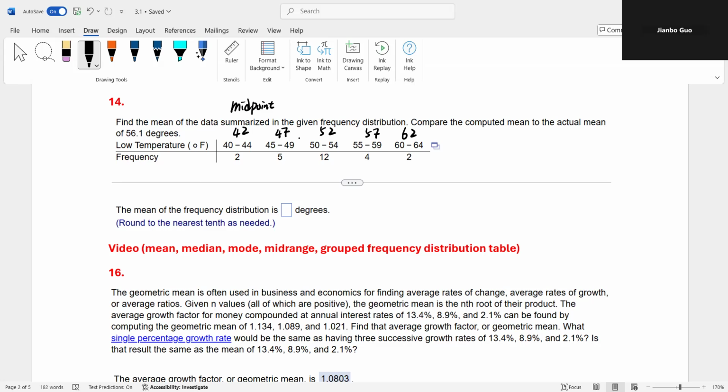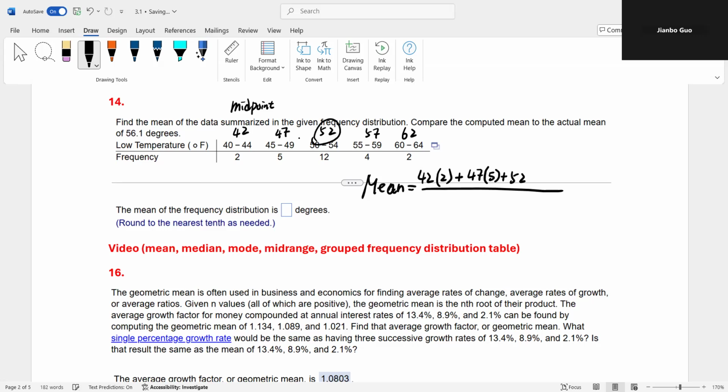To manually find the mean, we're going to use this formula. In the numerator, we multiply the midpoints by their corresponding frequencies and add them all together. The first midpoint is 42, multiplied by 2, plus the second midpoint, 47, multiplied by its corresponding frequency, which is 5, plus 52.